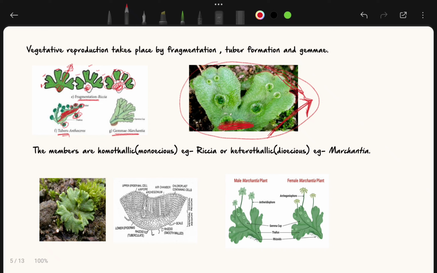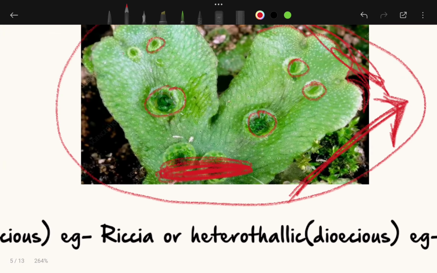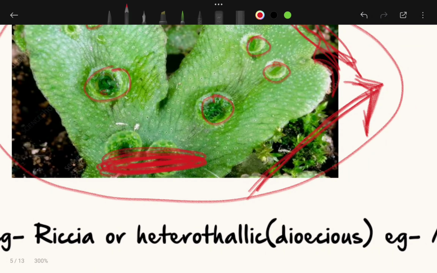Sometimes in Marchantia, there is a formation of gemma cup. If you look inside this gemma cup, you will find tiny green structures.